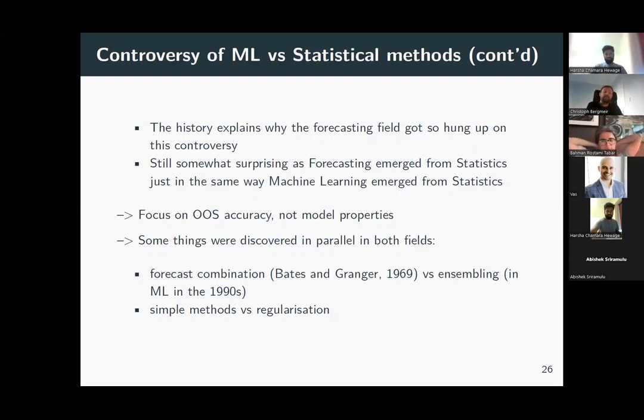I think the best example is forecast combination. In forecasting, that has been around since 1969, whereas ensembling in machine learning was invented in the 90s. Forecasting for a long time had this idea we need simple methods, whereas in machine learning you had this idea of, well, you need to regularize.